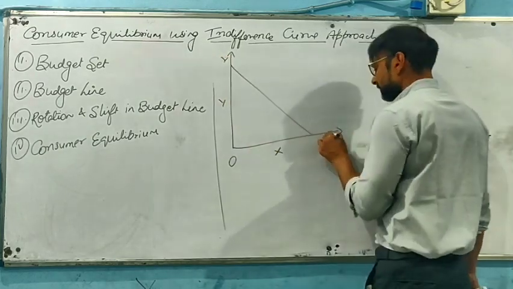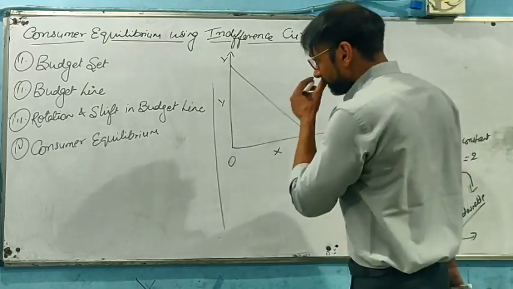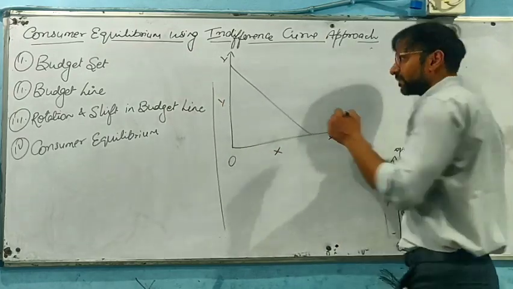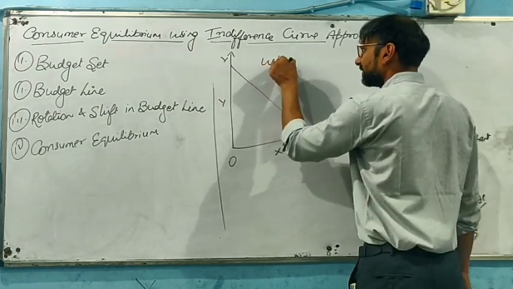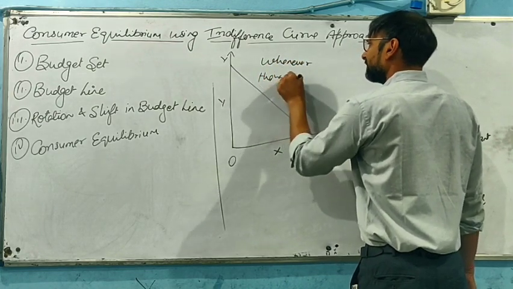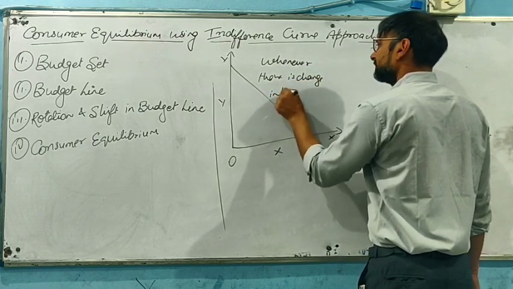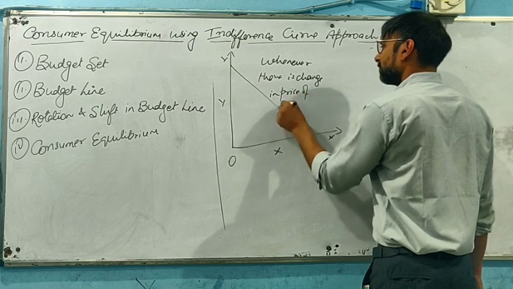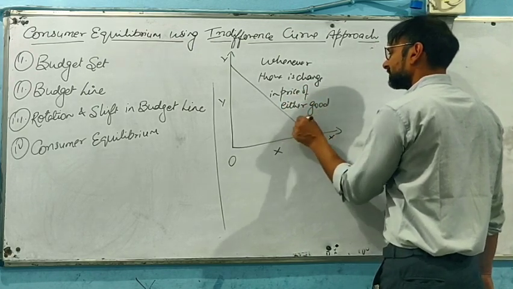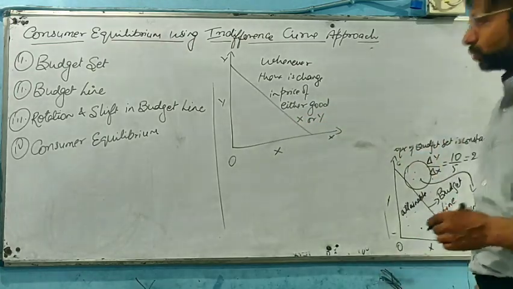Now, if we need to talk about the rotation, rotation always takes place whenever there is a change in price of either good, say X or Y, it will lead to rotation.